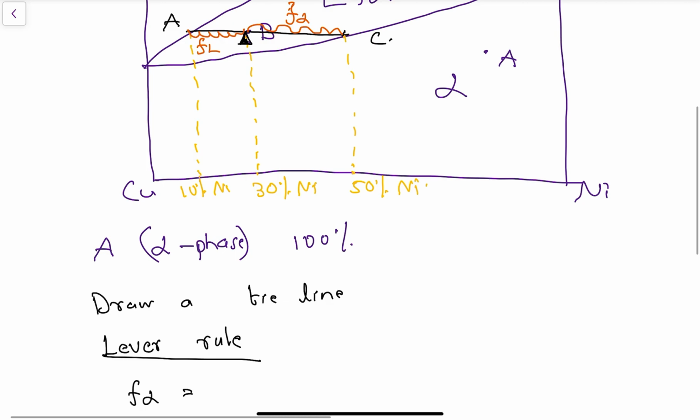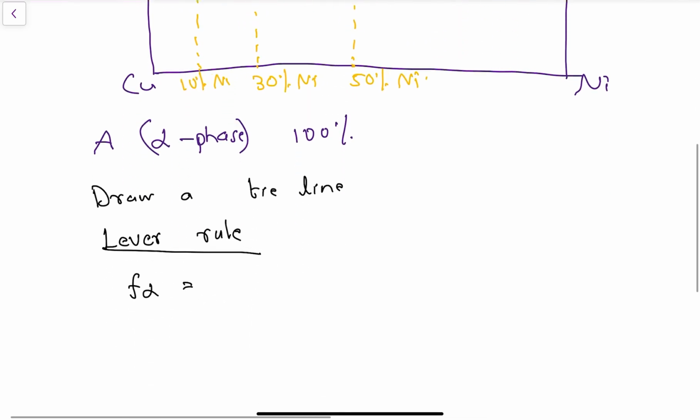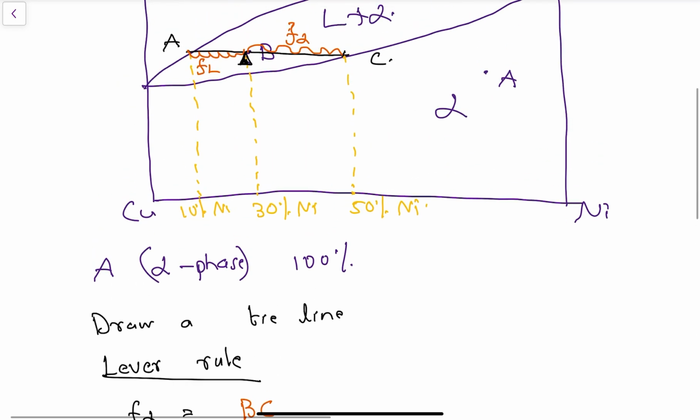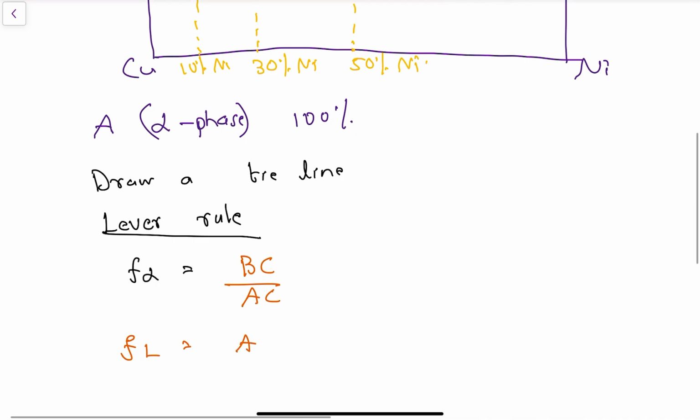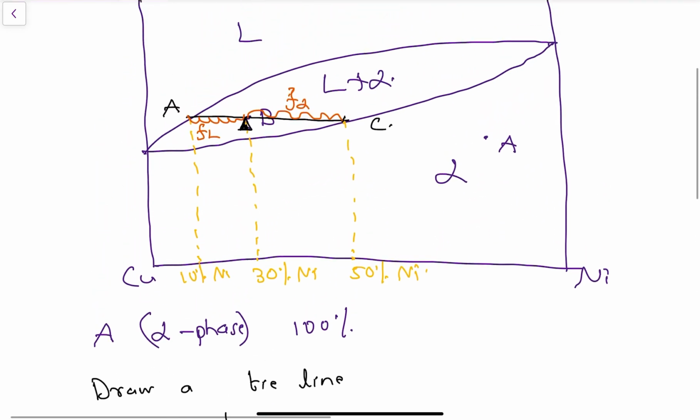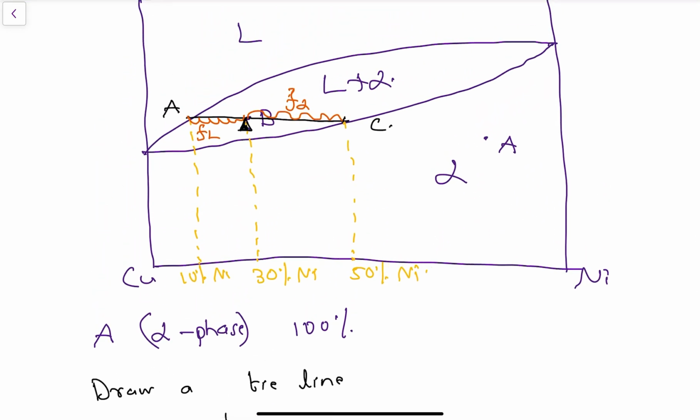So F alpha is equal to BC by AC, and F of liquid is equal to AB by AC. This is the formula for finding the fraction of alpha and the fraction of liquid. You just take the opposite side. This rule is based upon the mass balance rule, which we are not going to derive. But this is how you find the relative amounts of phases present.